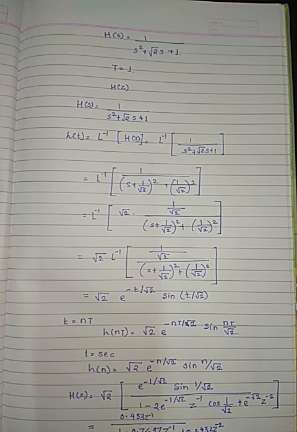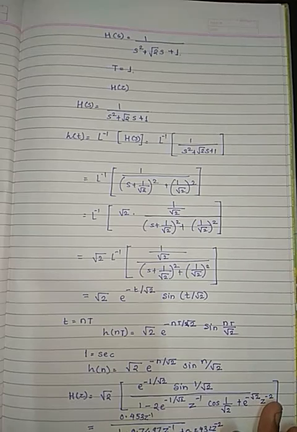And then lastly we have to compute the Z transform of the digital filter by using the formula H of Z is equal to summation from k equal to 1 to n Ck divided by 1 minus e raised to PkT into Z raised to minus 1.